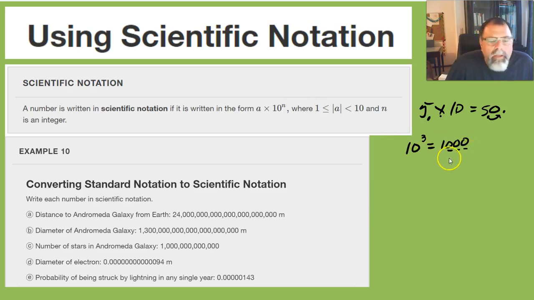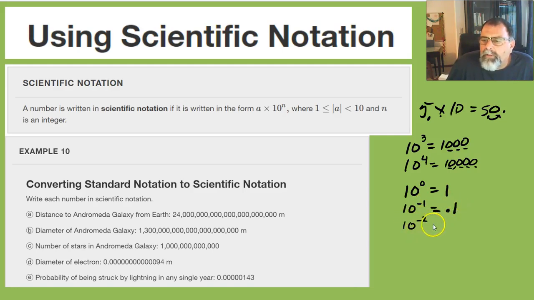The shortcut is you count the zeros, 1, 2, 3. 10 to the 4 is 10,000, 1, 2, 3, 4. And if you're going in the negatives, 10 to the 0 is just 1, 10 to the negative 1 is 0.1, 10 to the negative 2 is 0.01.